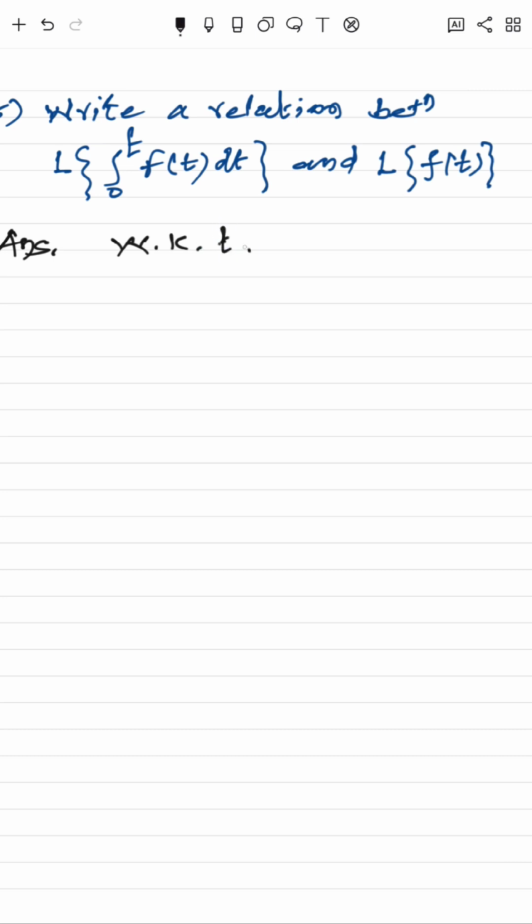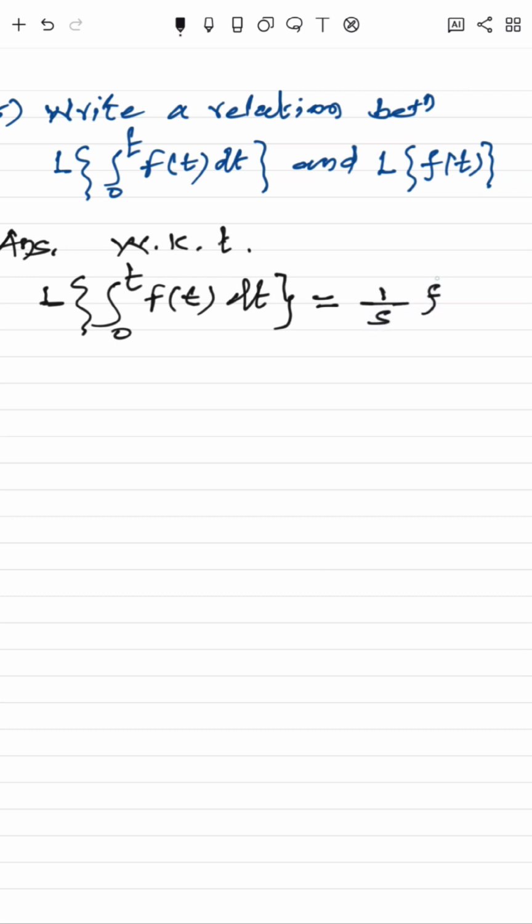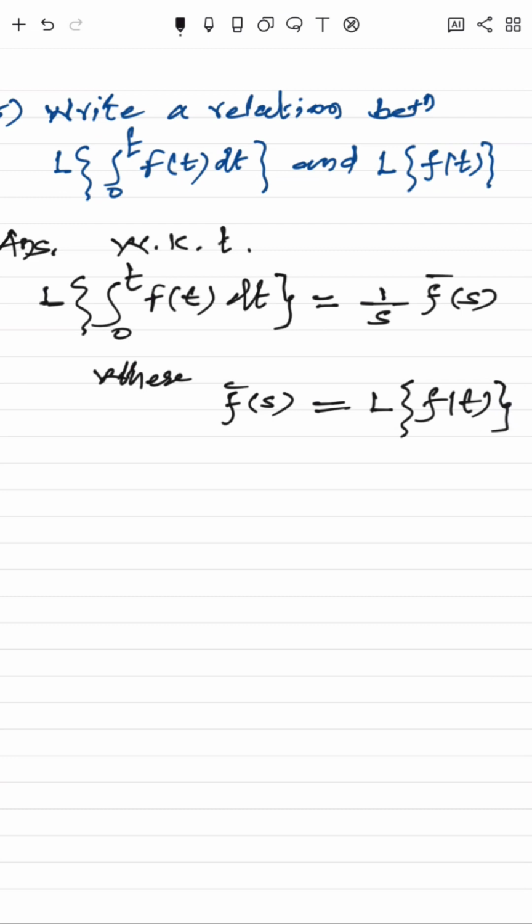We know the theorem of Laplace transform of integration, that is, Laplace of integration from 0 to t f of t dt is 1 by s into f bar of s, where f bar of s is nothing but Laplace transform of f of t, and that is the required relation between Laplace of the integral in terms of Laplace transform of f of t.